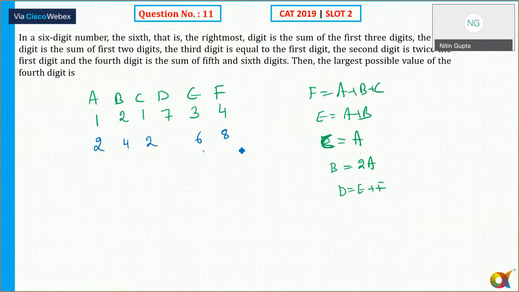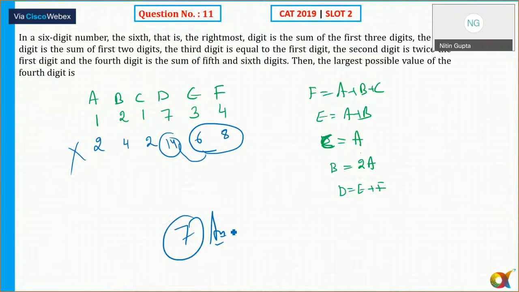And D is equal to E plus F, 14. So you do not need to take another number. So the answer is 7. The value of D is 7. So this was also doable. Easy question. Can we move to the next slide? Please respond, everyone. Let's go ahead, all of you.